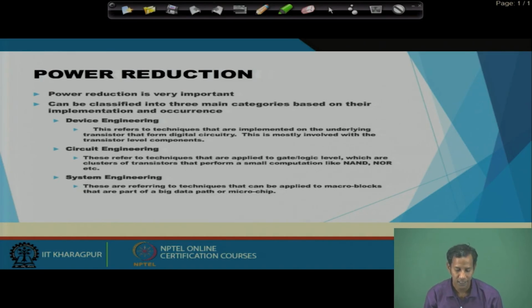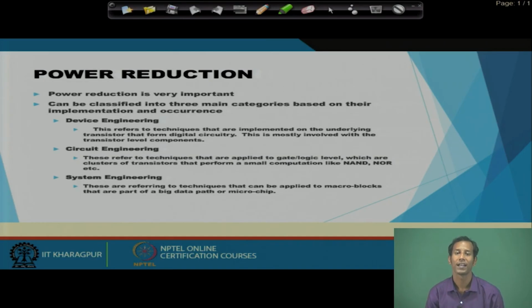Then circuit engineering refers to the techniques applied at the gate level or logic level, which are clusters of transistors that perform a small computation like NAND, NOR, etc. That means while you are designing the basic cell or the standard cell, you can apply low power techniques.